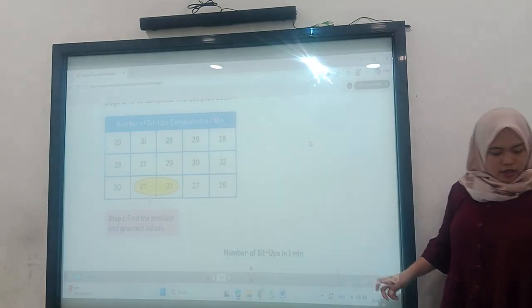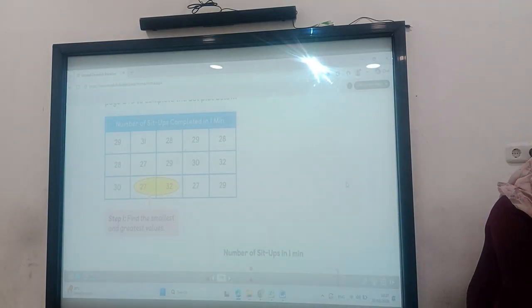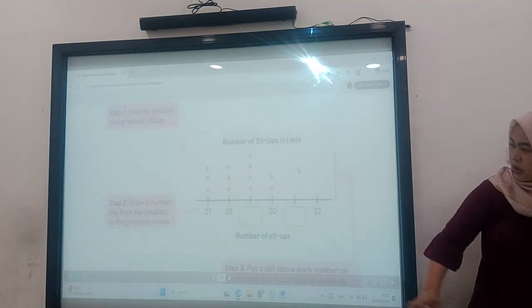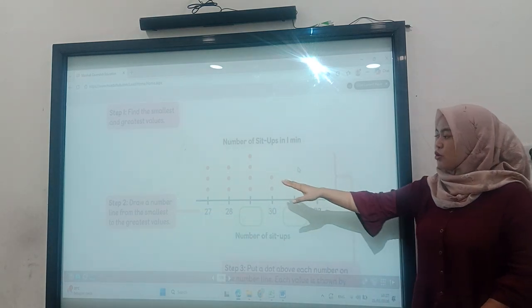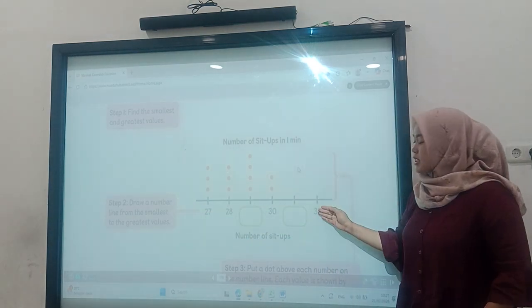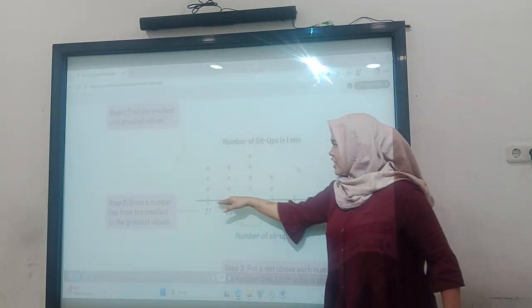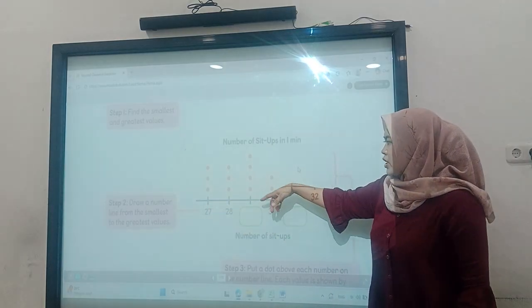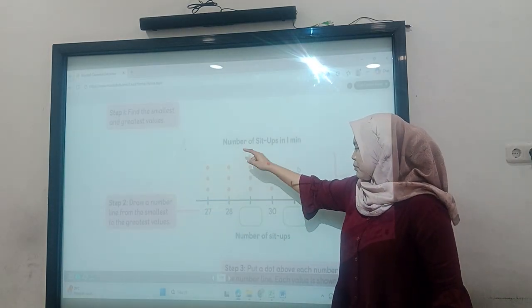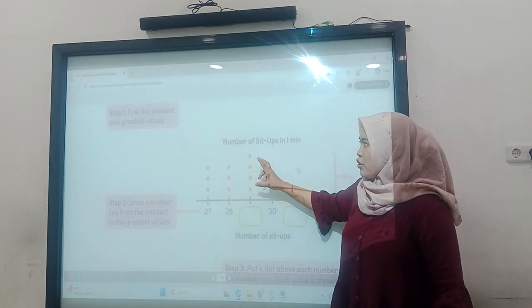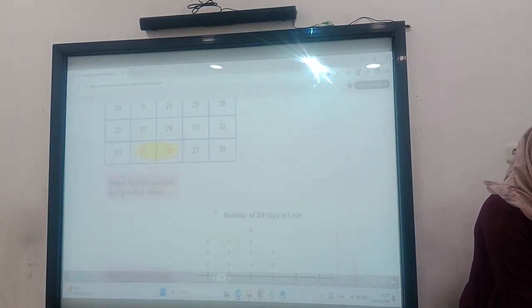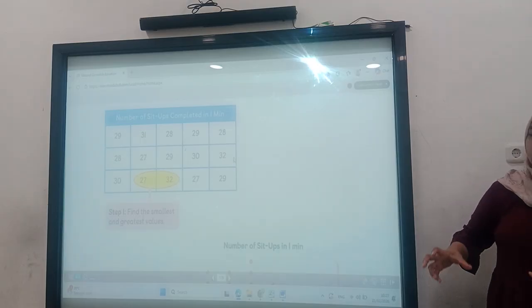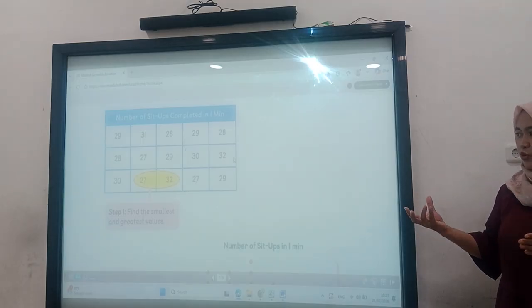After that, you can make the line. The smallest is 27 and the highest is 32. After you make the line like this, you can put the dots based on the data. For example, 27: we can count how many data points are 27.